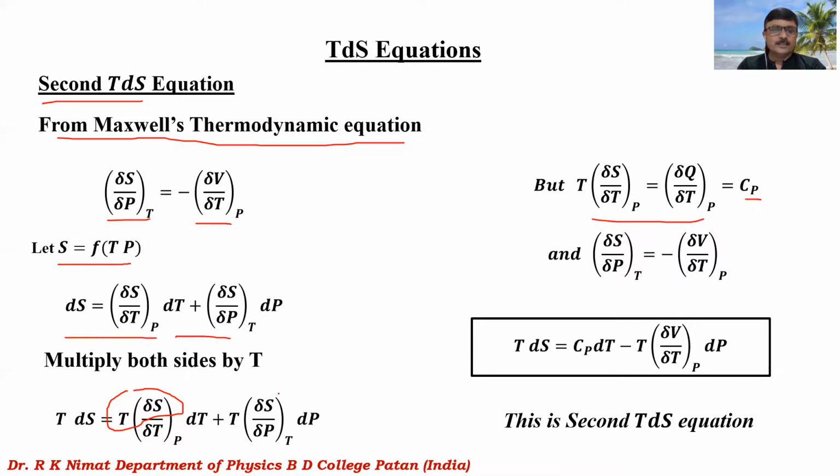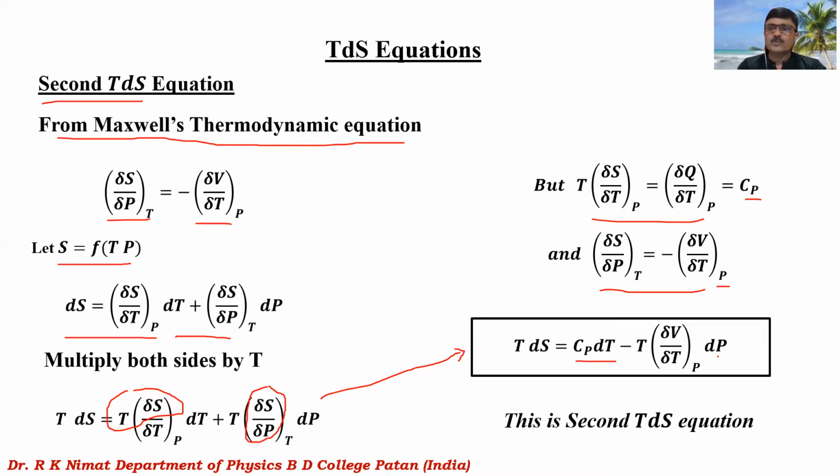Again, this term delta S by delta P can be replaced by Maxwell's thermodynamic equation, delta S by delta P at constant T is equal to minus delta V by delta T at constant P, so that the equation changes to T dS is equal to Cp dT minus T into delta V by delta T at constant P into dP. So this is the second TdS equation.